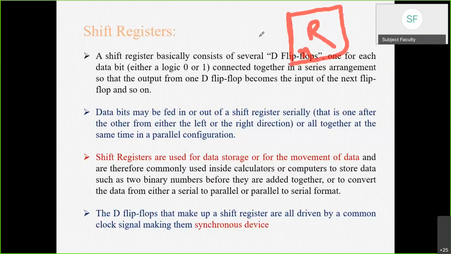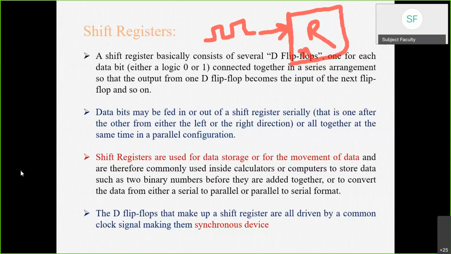Either you can give input serially. Okay, I'm talking about the input section now. In the input section, you can give your input serially. Serially means you will just give the data bits, the data sequence, here, and only one input you will use. This is called serially.